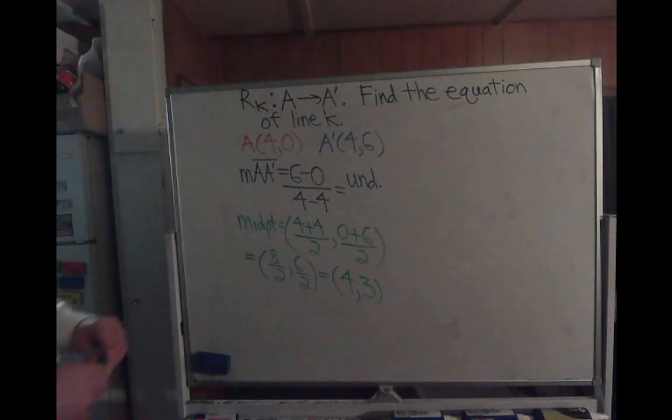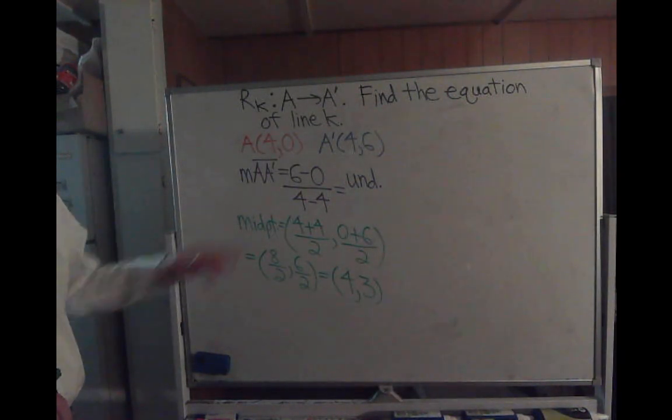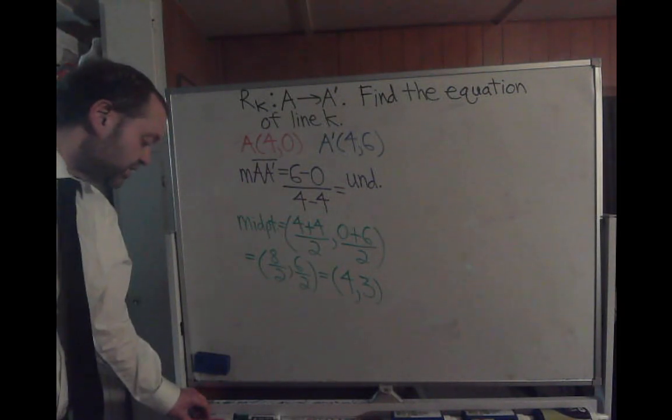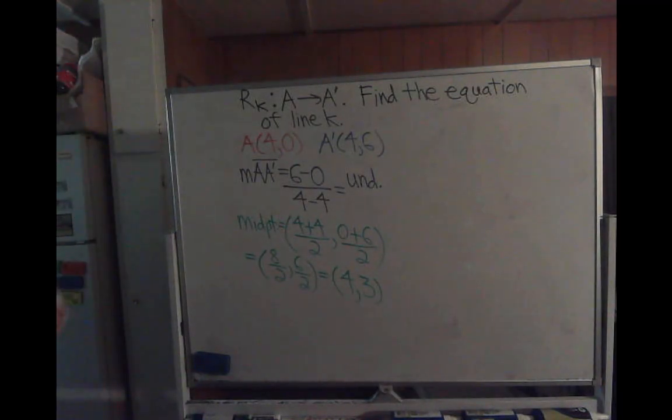And again, what do we know about the equation of line K, the line of symmetry? It's the perpendicular bisector of the segment A A prime. So let's start with the slope of the perpendicular bisector.